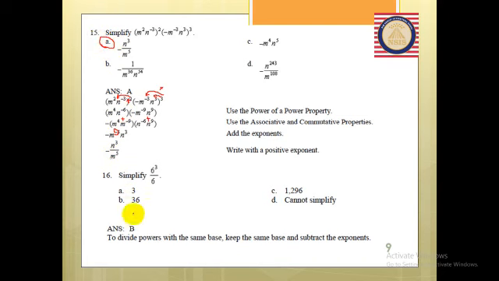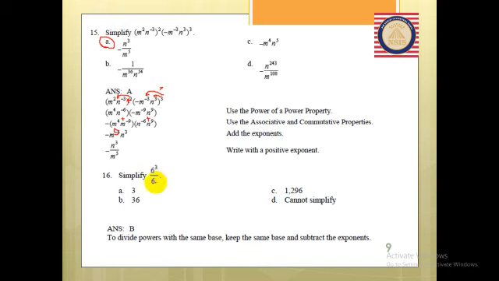Very good. Here, simplify. I have 6 to the power of 3 here, same base. I have 6 and 6, the same base. What am I going to do with the powers? I'm going to subtract them because here I'm going to divide. If I divide the same bases, the powers I will subtract.